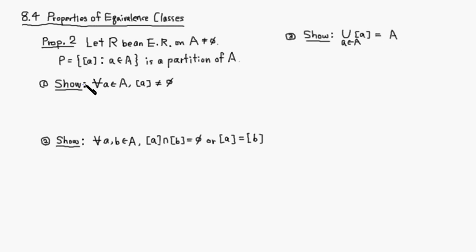Part 1. Let's show that for all elements a in A, the equivalence class represented by a is non-empty. Let's start with an arbitrary element. So we choose any element a from this set A. This is just a given.